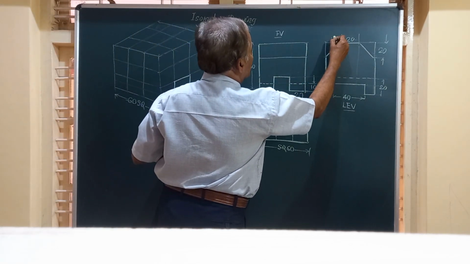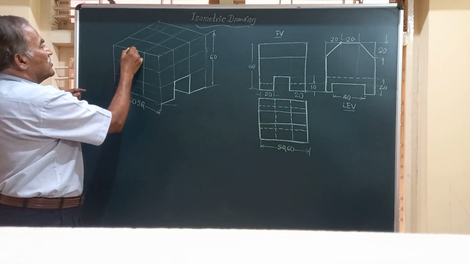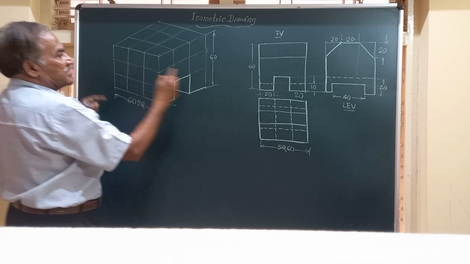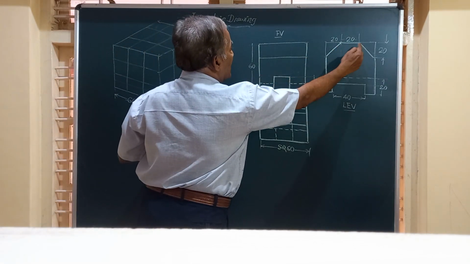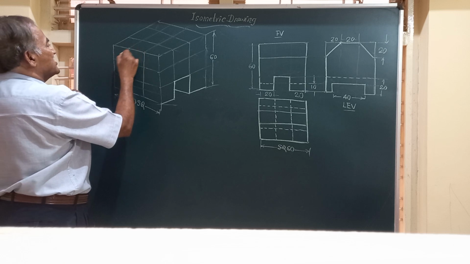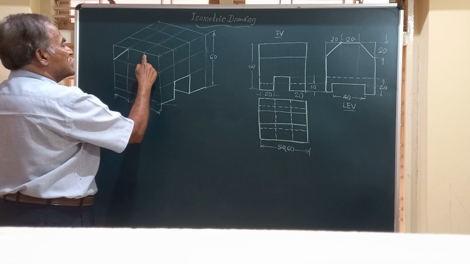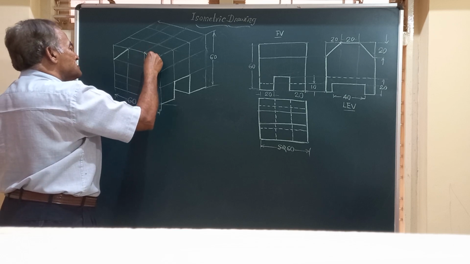At a distance of 20 from there, we are going to join this to this part, 20 horizontal, 20 vertical. Friends, what I do, I just join this and this. Similarly here, this and this part.